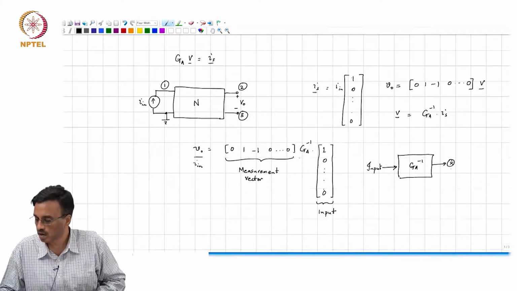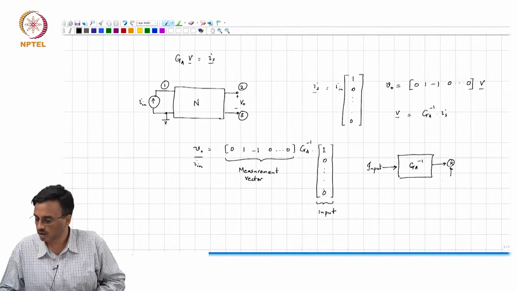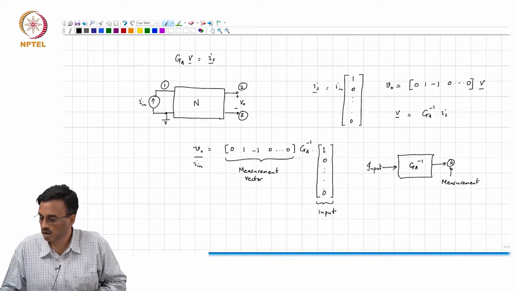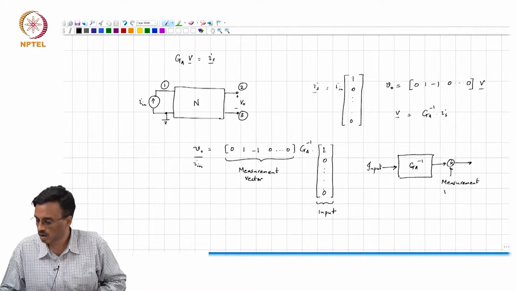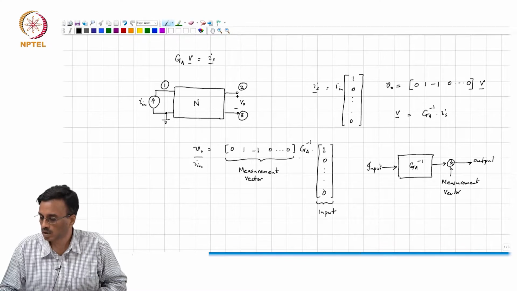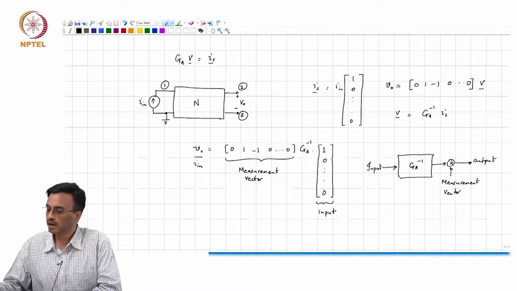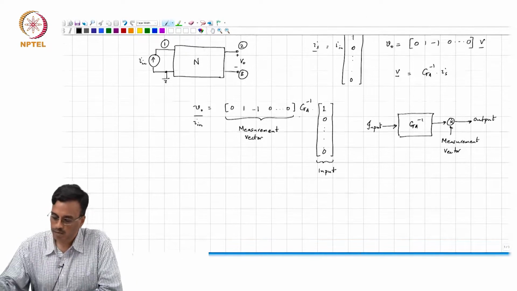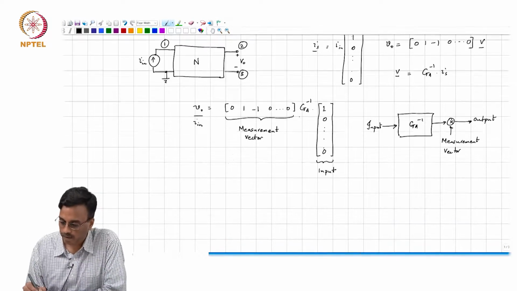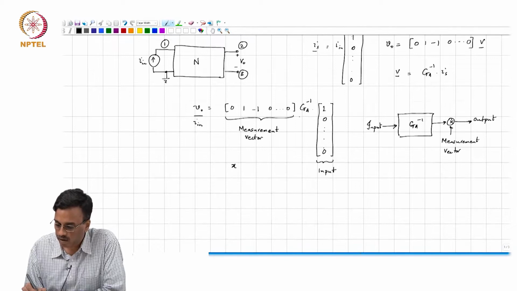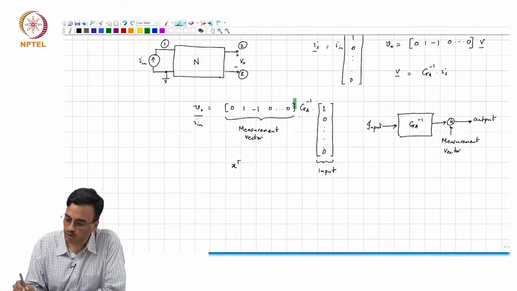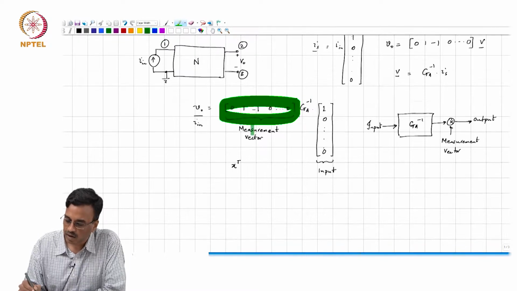And this is the output. If you think of this as X transpose, so this I am going to call X transpose simply because it is a row vector.